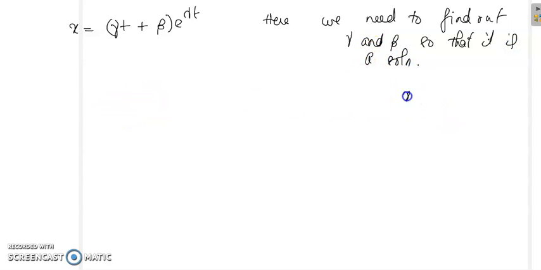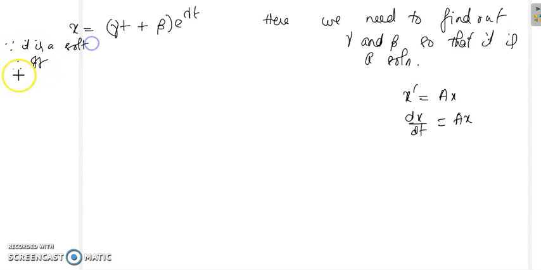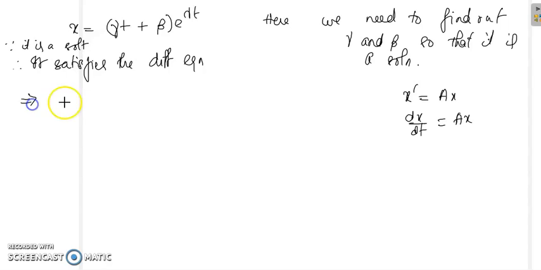Now we have the equation x dash equal to ax, that is dx by dt equal to ax. Since x is a solution of this equation, it satisfies the differential equation. So let us differentiate x.